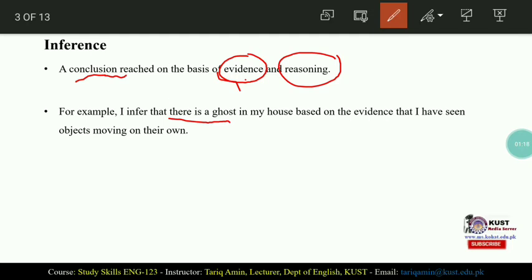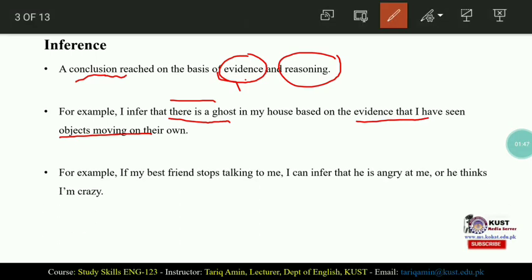Now, what is this inference based on? It is based on the evidence that I've seen many objects moving on their own in my house. That is why I infer that there might be ghosts in my house. So my inference is based on some evidence and some reasoning.